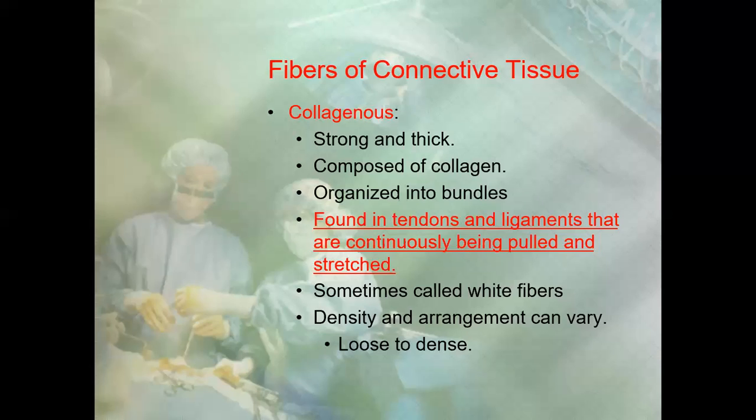All right, so tendons and ligaments are super duper duper strong, especially your ligaments, which attach your bones to other bones. And they are formed with these collagenous fibers. Imagine I have one elastic band. Super easy to stretch. But now if I take 100 elastic bands, it's much, much stronger.